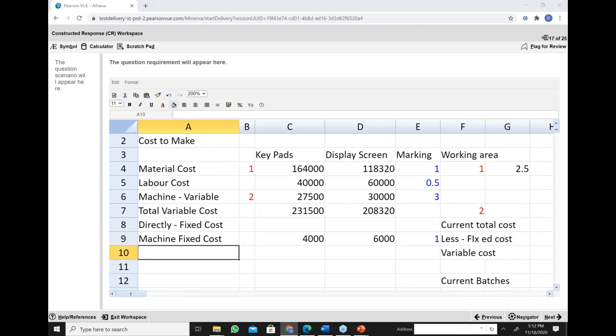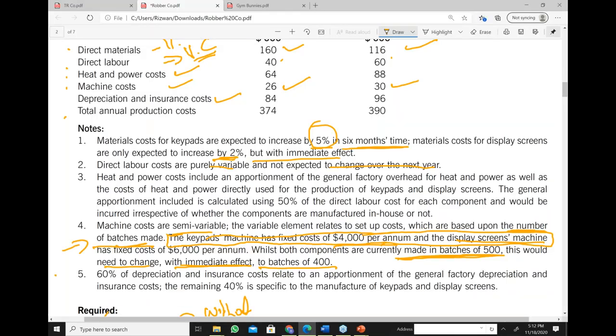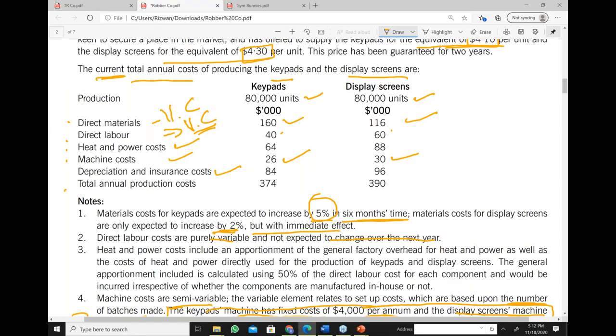Now coming towards heat and power. So let's see what it says. 6488, heat and power. Let's read the note. Heat and power include an apportionment of general factory overhead for heat and power, as well as the cost of heat and power directly used for the production of keypads and display screens. Okay. So if you just observe here, it says that it includes general apportionment of factory overhead as well as directly attributable cost.